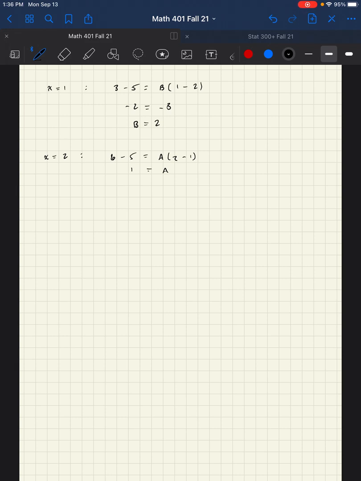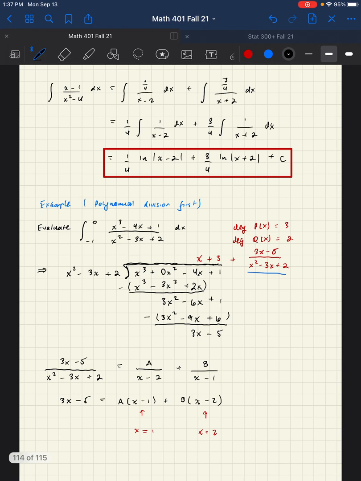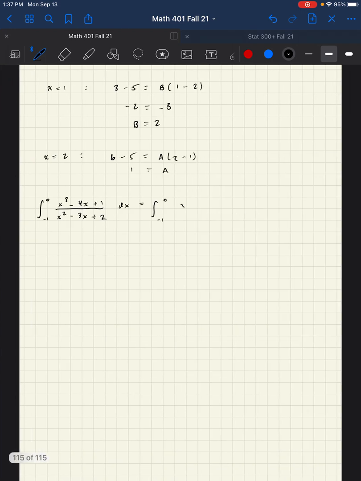Okay, putting it all together, this means our integral from -1 to 0 of x cubed minus 4x plus 1 all over x squared minus 3x plus 2 dx became the integral from -1 to 0 of, and remember, we need the first part of the polynomial division, so the x plus 3 comes first, plus 3x minus 5, sorry, over the denominator, which was actually x minus 2, x minus 1, dx.